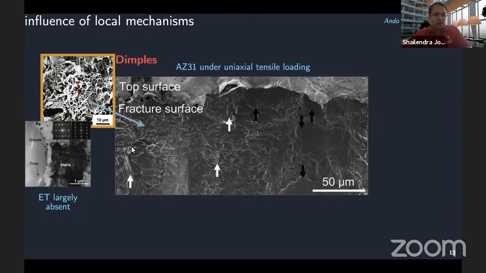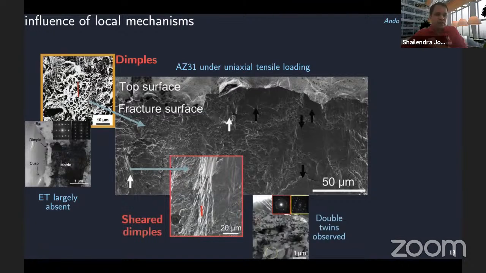For example, the regions that were seen to have dimples, which is classic of what we think of as ductile failure surfaces, largely had extension twins absent in that region. So there was no evidence of extension twinning in those regions. On the other hand, in regions that exhibited dimples that were sheared, the authors observed double twins inside twins. And I'll talk about that briefly later on when I show the results.